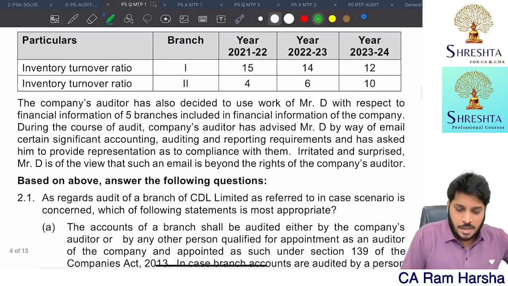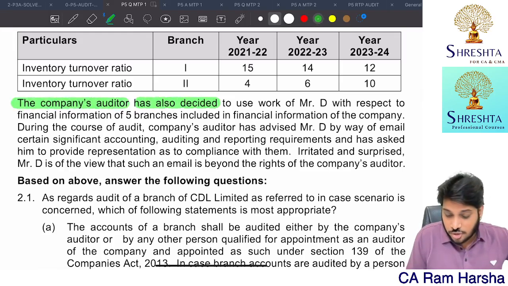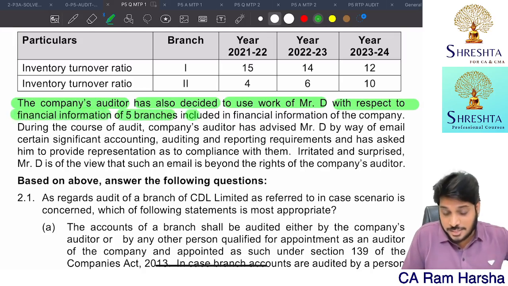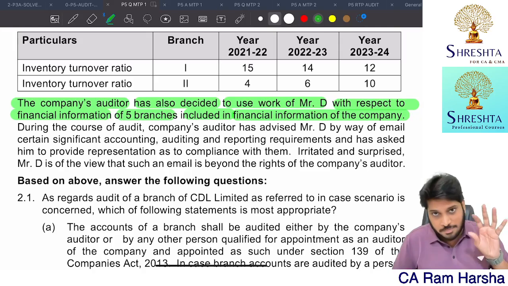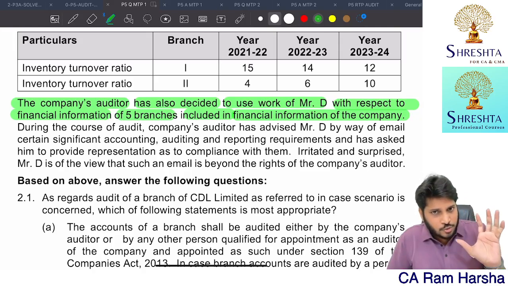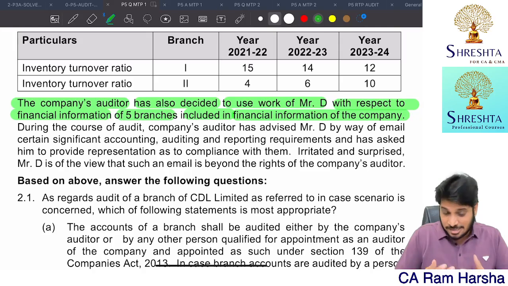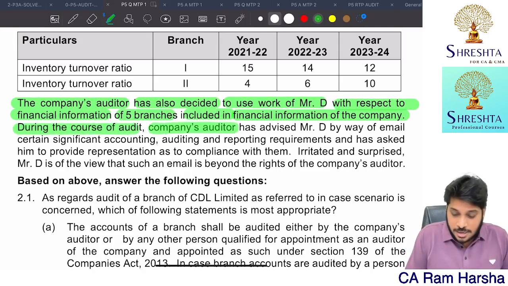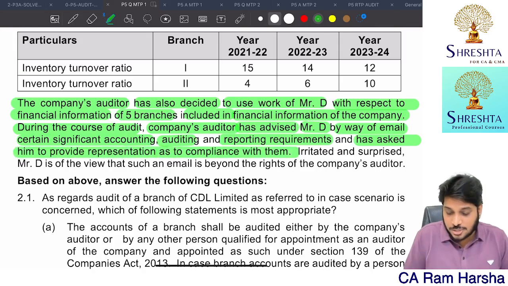Fine. The company's auditor has also decided to use work of Mr. D with respect to financial information of these 5 branches, which are included in financial information of the company. Okay, so the principal auditor decided to use the work of branch auditor, SA 600. During the course of audit, company auditor has advised Mr. D by way of an email certain accounting, auditing, reporting requirements and has asked him to provide representation as to compliance.